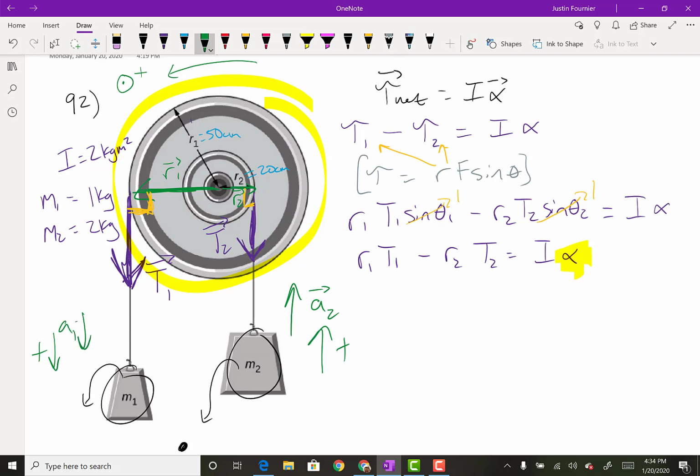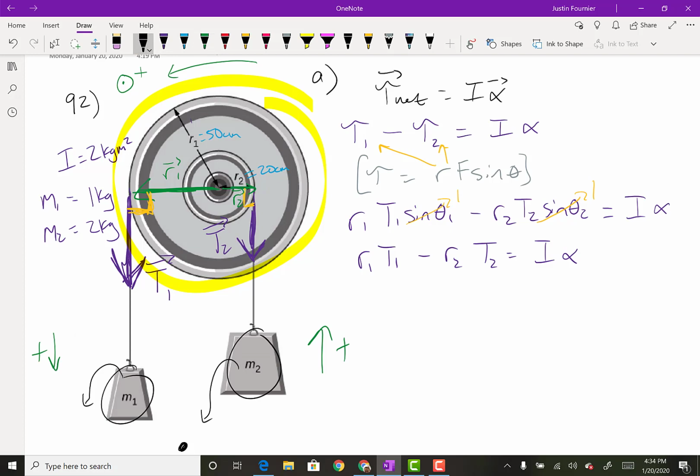Because of that, I cannot be certain that the weight of M1 and/or M2 is going to equal their respective tensions. So I have to basically figure out a way to replace T1 and T2. If I can do that, then I can get the angular acceleration. And once I've got the angular acceleration, it's going to be easy to get the other acceleration.